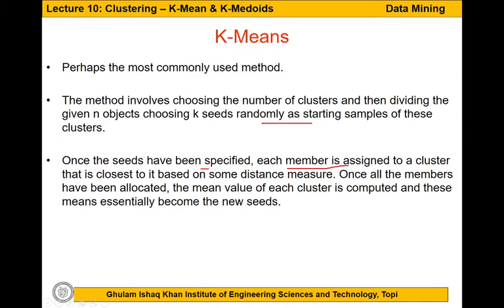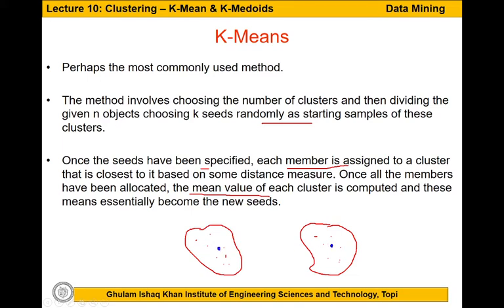Once the members have been allocated, the mean value, now this one is important. Within the cluster, this is maybe a cluster, maybe this is another cluster, and there are other points, right, and this point is the mean for the previous seed.